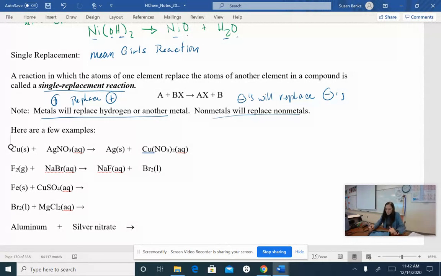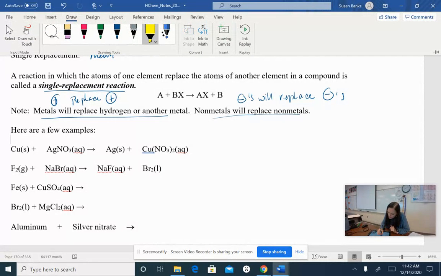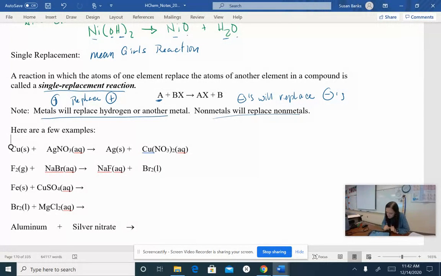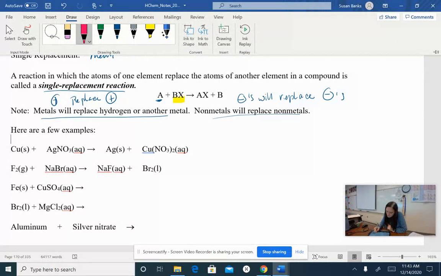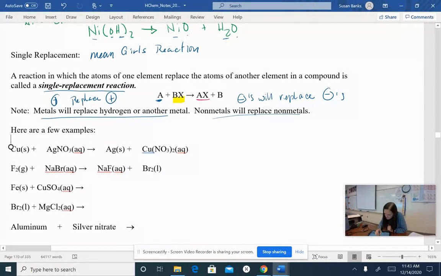Okay? So here's our generic equation right here. We have A that's off by its little lonesome, and then we have BX that's together. And then in the end, we have AX together, and then B is off by itself. So notice that A here just takes the place of B.